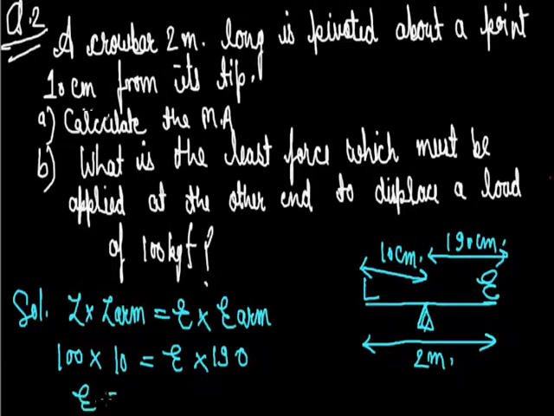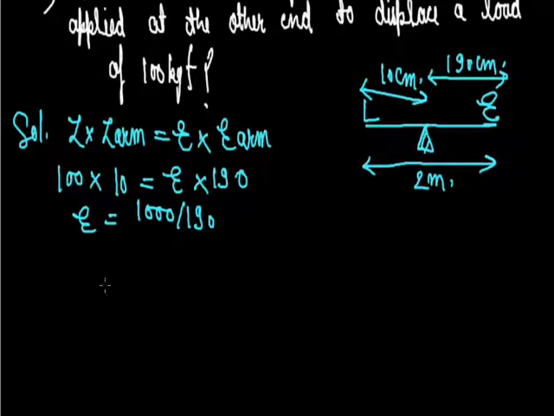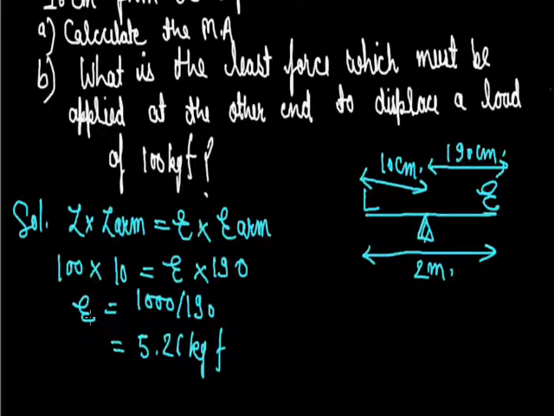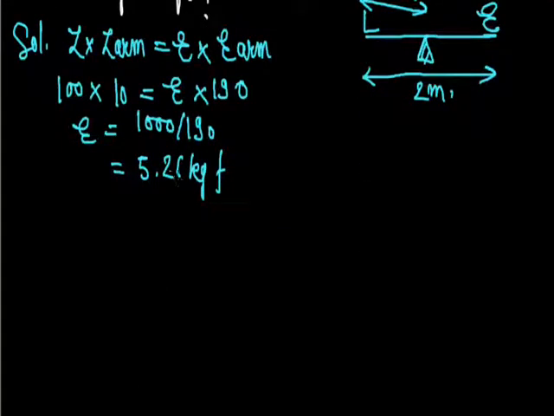So effort will be 1000 upon 190. When we solve this, we get 5.26 kg force. So the answer for B, the least force which must be applied at the other end to displace a load, will be 5.26 kilogram force.